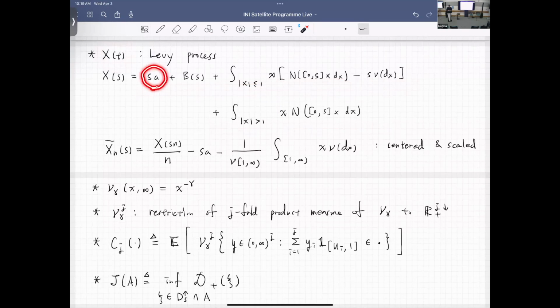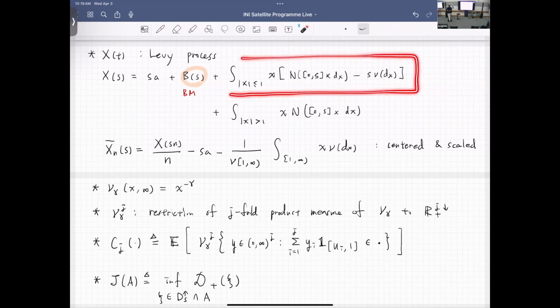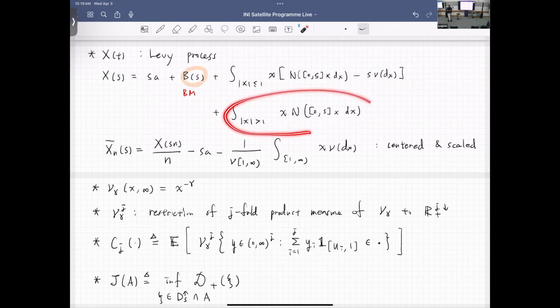So linear drift, this is Brownian motion, and then this represents small jumps, potentially an infinite number of jumps. These are the jumps that are larger than 1. So this part is more or less a compound Poisson process.